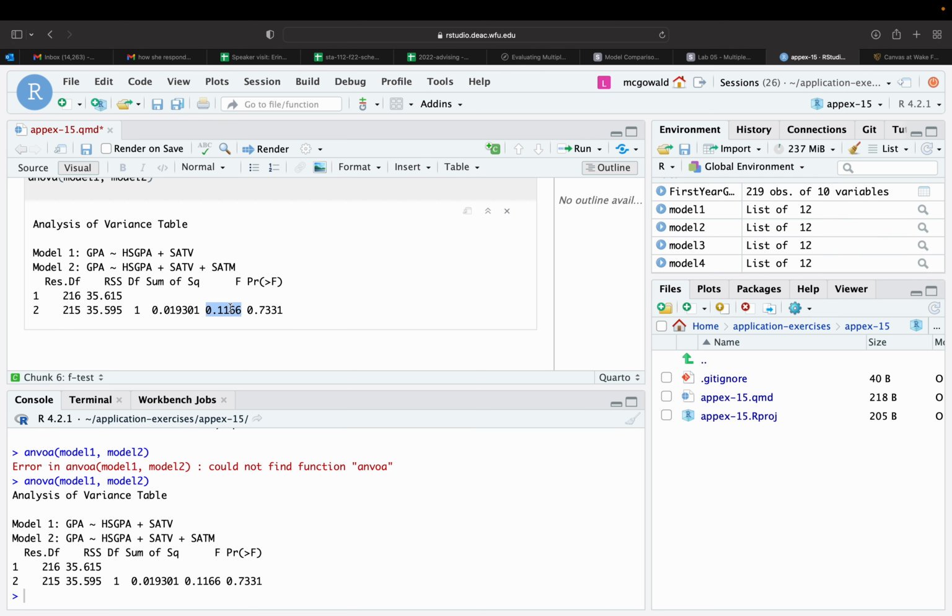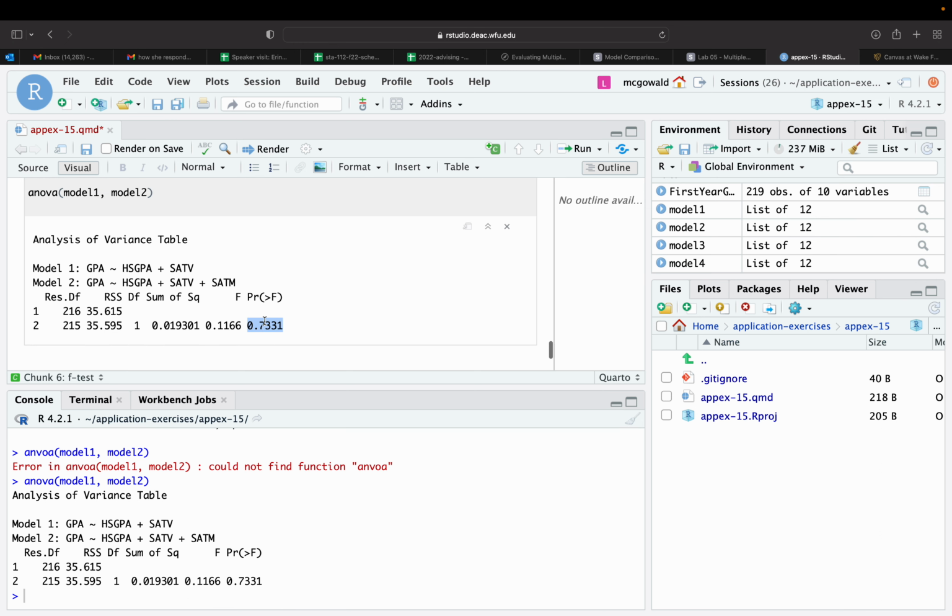Exactly, given the null hypothesis is true. So we saw an F statistic of 0.1166. The probability of seeing one this or greater, given that the null is true, so given that the true beta coefficient for SATM is 0, would be 0.73. So we have a 73% chance of seeing an F statistic like this, given that the null is true.